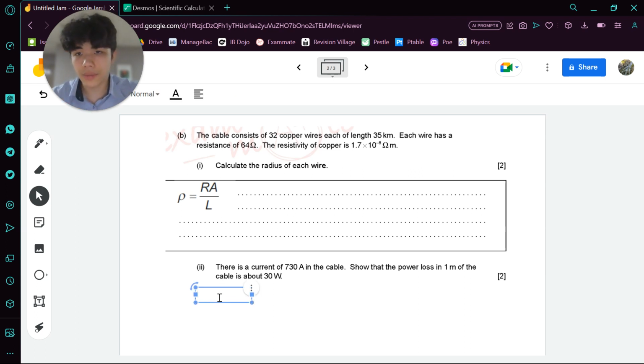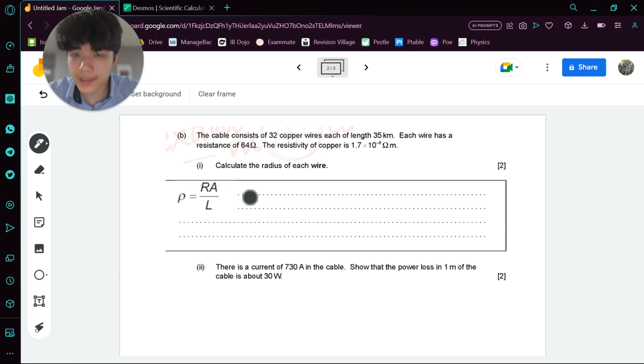So in other words, you can rewrite this as area equals resistivity times length over resistance.